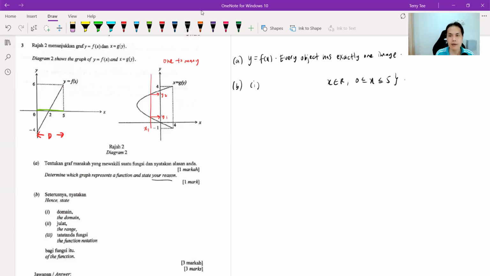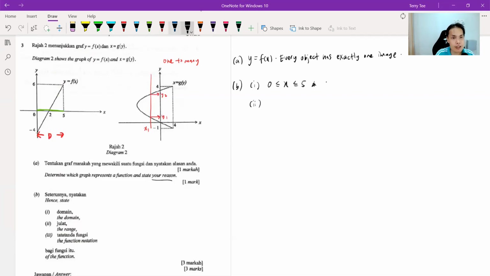We just write it in the form of an inequality, because this is what we call a continuous function, not a discrete function. A discrete function takes single values like 1, 2, 3, 4. Then we can use the braces, the set notation. But in this case, it's not necessary. We just write in inequality form.